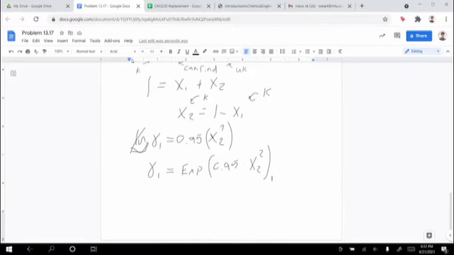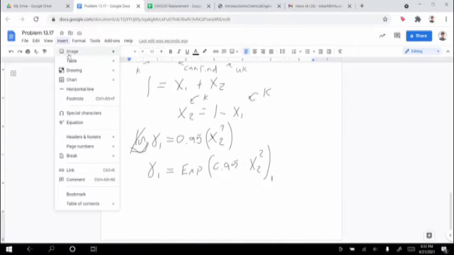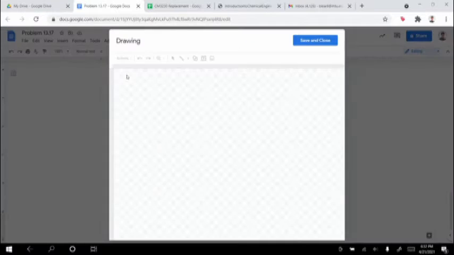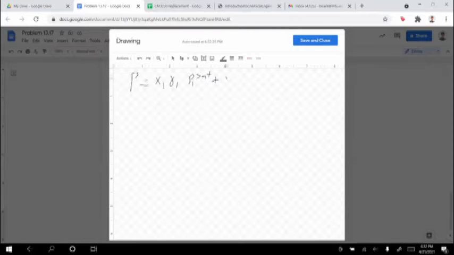So we'll go P is equal to x1 gamma 1 multiplied by P1 sat plus x2 gamma 2 P2 sat.